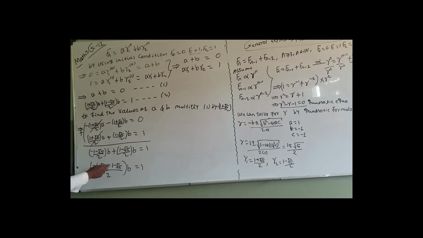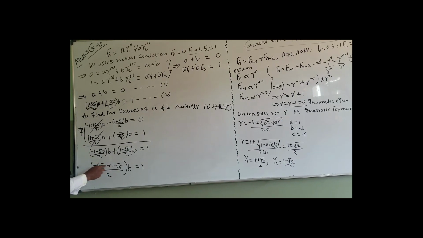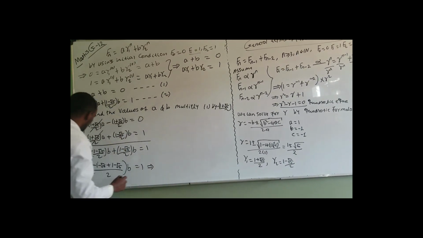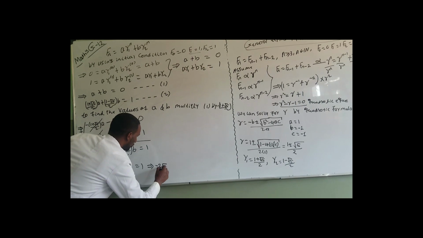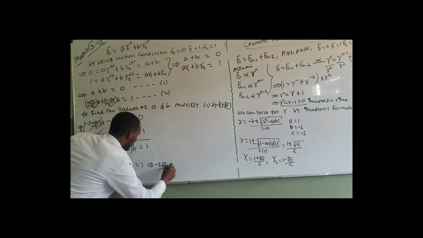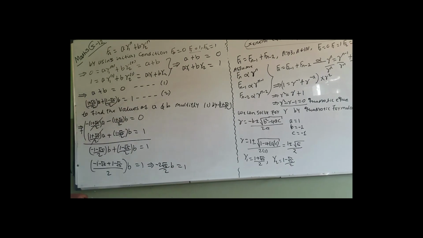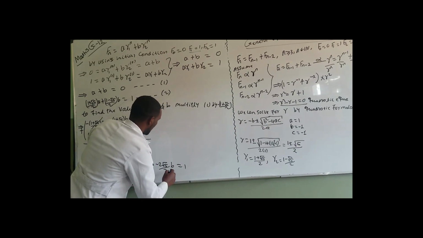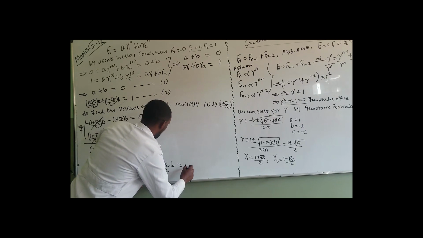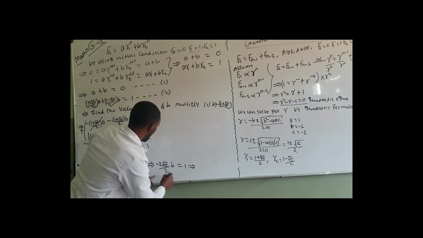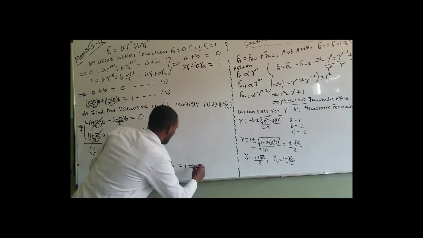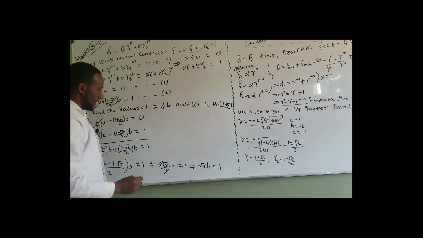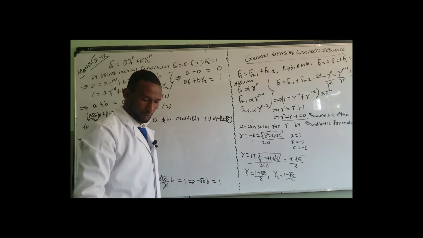When we add these, the 1 cancels, which implies that negative 2 root 5 over 2 times b is equal to 1. Then the 2 cancels, so negative root 5 times b is equal to 1. Then divide both sides by negative root 5.